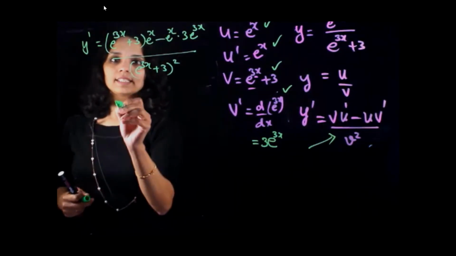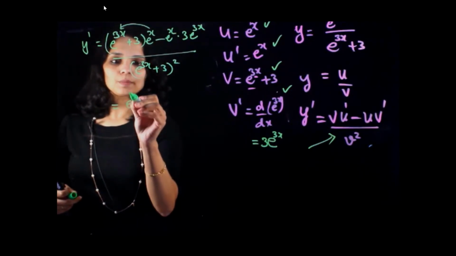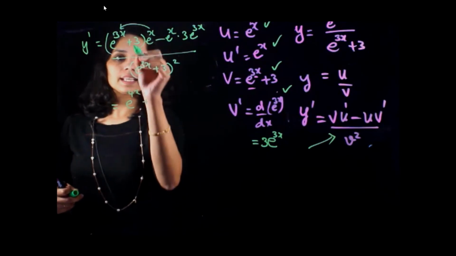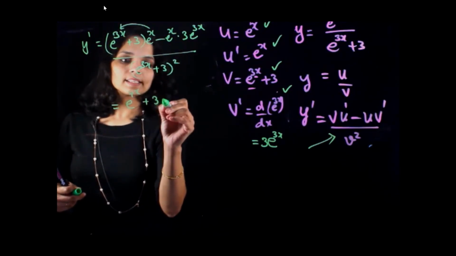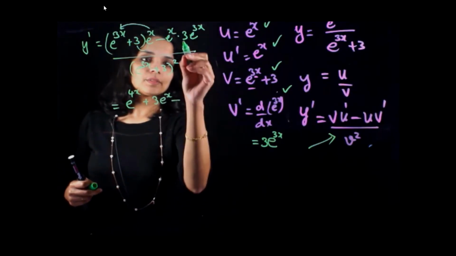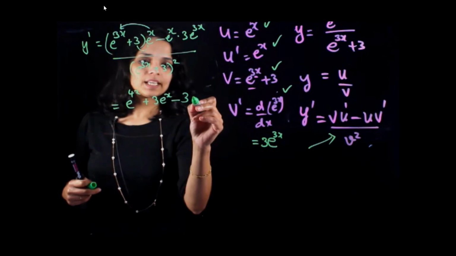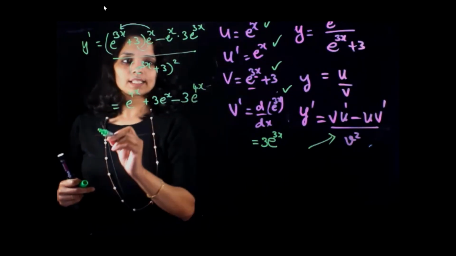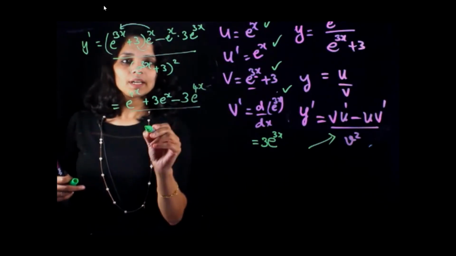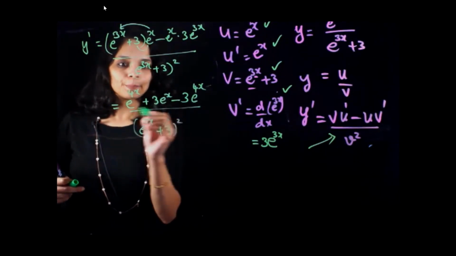So that then becomes e to the power 4x plus 3 times e to the power x, multiplying this together, minus 3 e to the power x times e to the power 3x, which is the same in here, e to the power 4x using the index rule, divided by e to the power 3x plus 3 the whole squared.